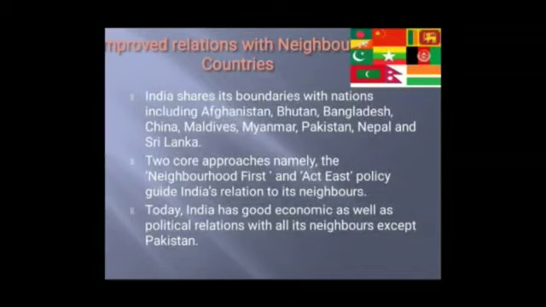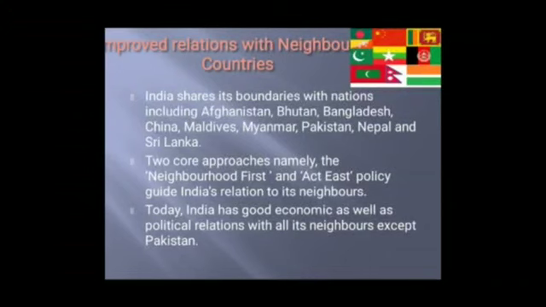For example, India provided over 1,700 tons of relief material and medical assistance to Nepal after the 2016 earthquake. Remember. So this way, you improve the interactions with your neighbor. This is what the neighborhood first policy is about.